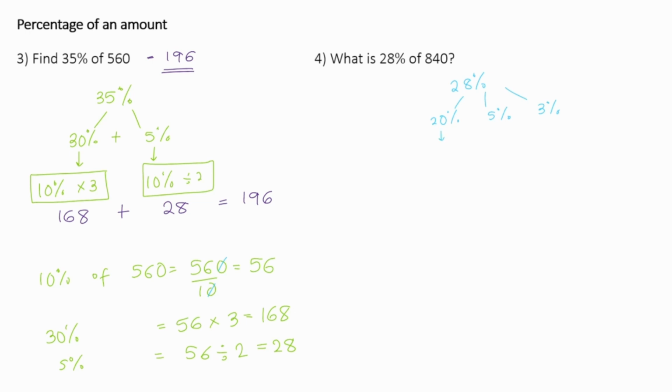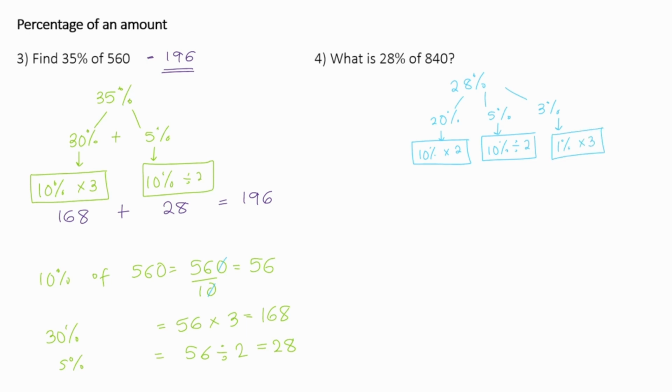To find the 20%, we first use 10%, and then we know 20 is 2 lots of 10, so we multiply this by 2. We know 5 is a half of 10, so we can find 10%, then divide it by 2 to get 5%. And to find 3%, we can first find 1% and then multiply it by 3.